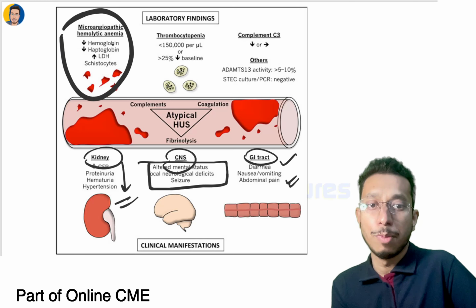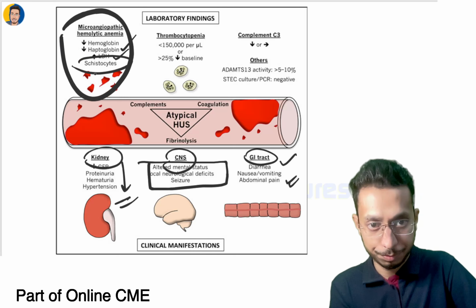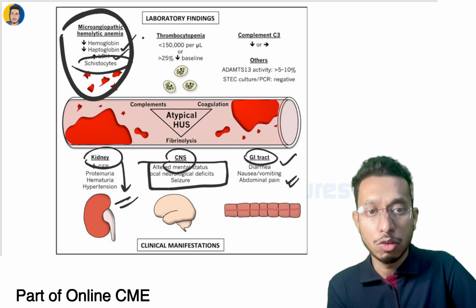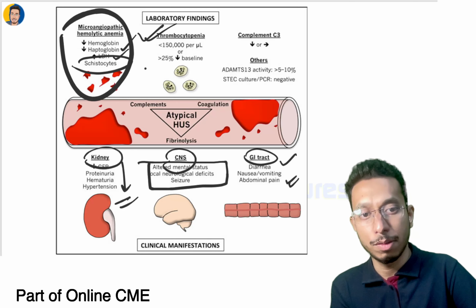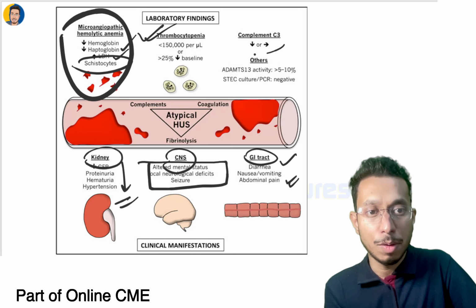There are features of hemolytic anemia like decrease in haptoglobin, increase in LDH, and schistocytes on peripheral smear. Thrombocytopenia will be there as the platelet component will also be attacked by this complement, and decrease in the complement C3 level.